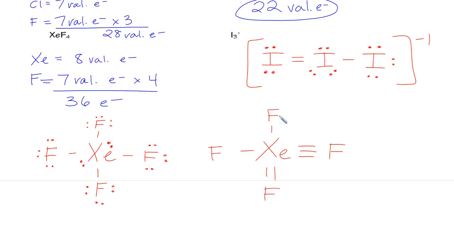Fluorine needs an octet, so we'll go around and give him an octet wherever possible. Okay, so he's going to need 2, 4, 6, 8, 2, 4, 6, 8, and then 2, 4, 6, 8. Now this is kind of wild, and this would definitely not end up being the most stable structure.